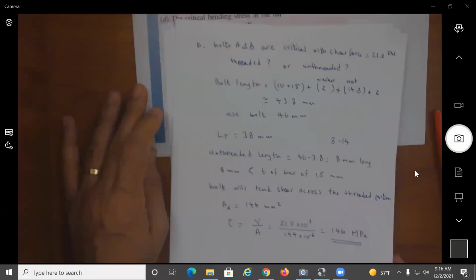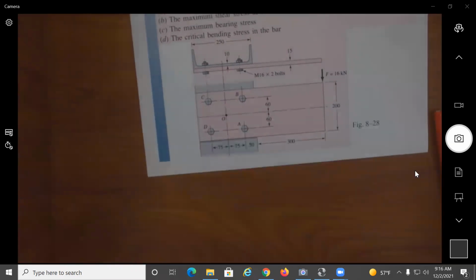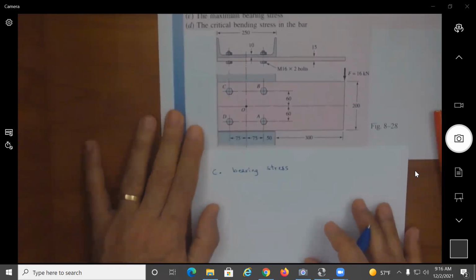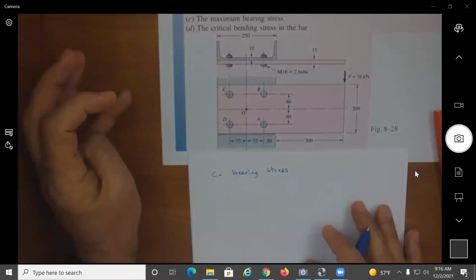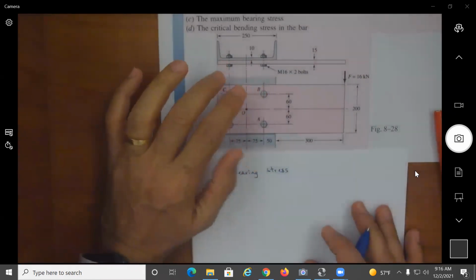Next, we want to look at bearing. So when I look at the bearing here, I have three components: I have the bolts, I have the bar, and I have the channel.